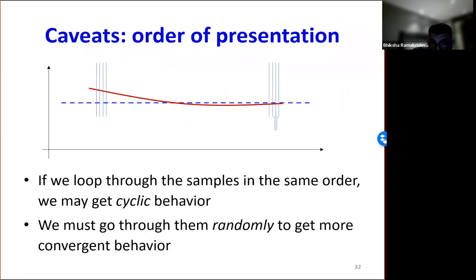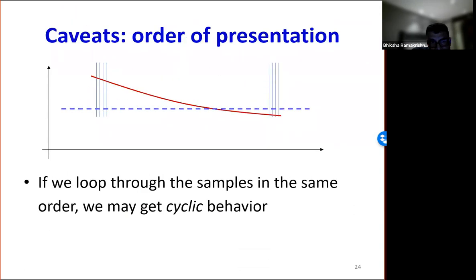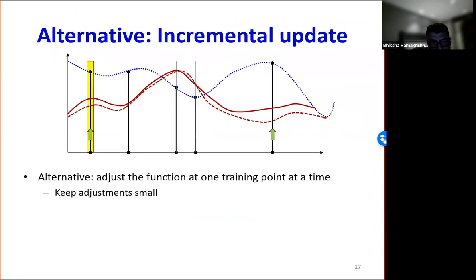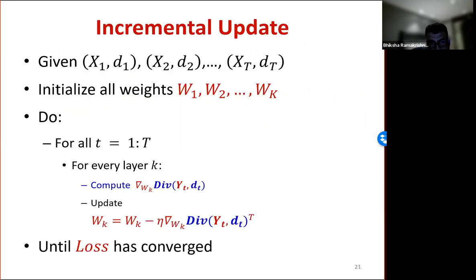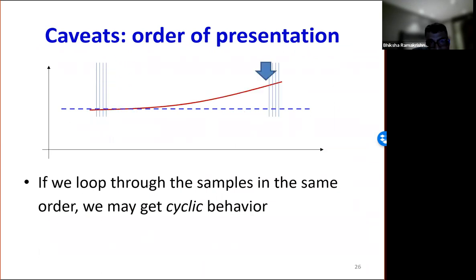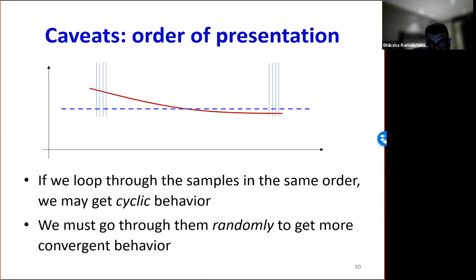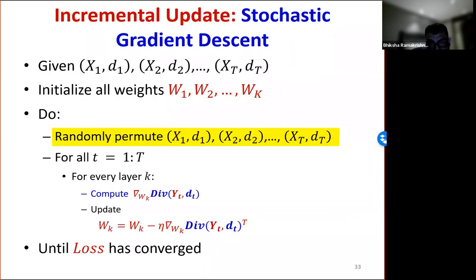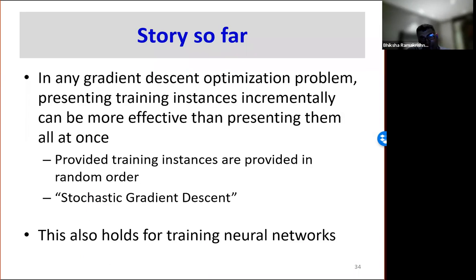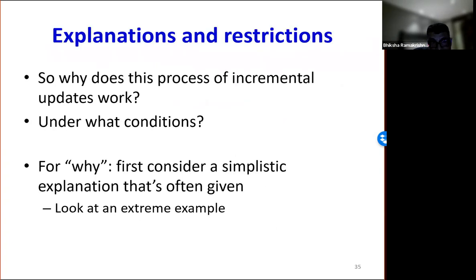So my claim over here is that doing this, where we incrementally adjust the function at one point at a time with a small enough adjustment, can actually be more effective than when I process my entire training data and then make an update. So let's see why I make this claim.